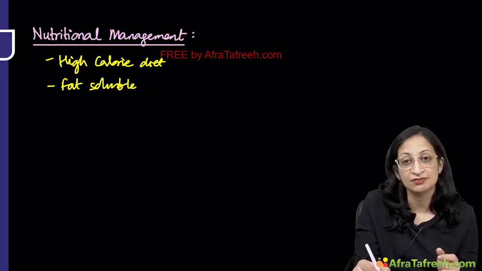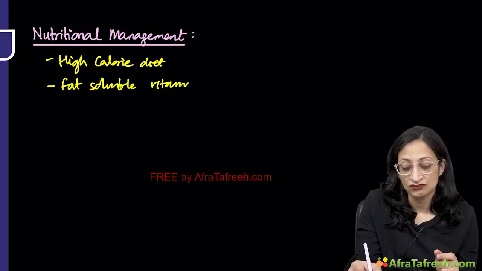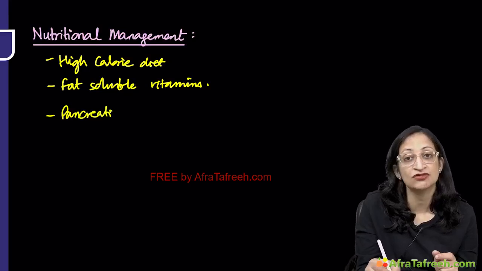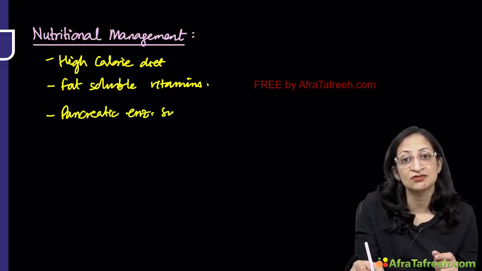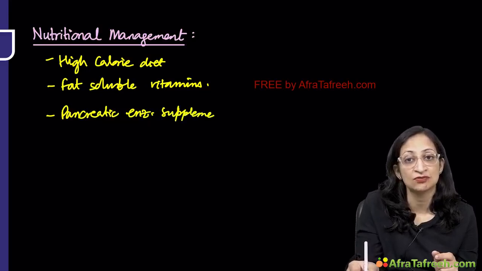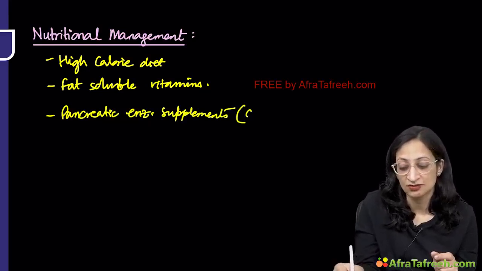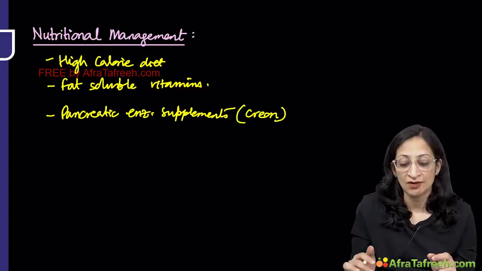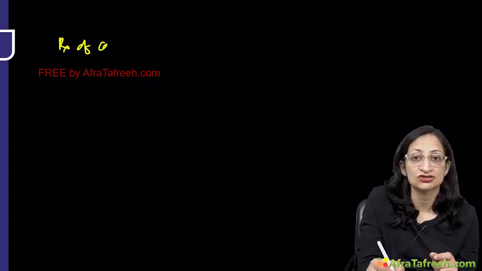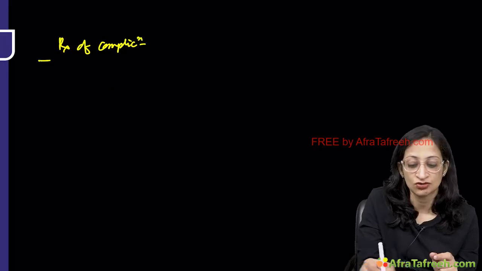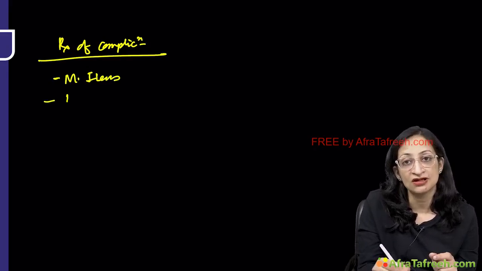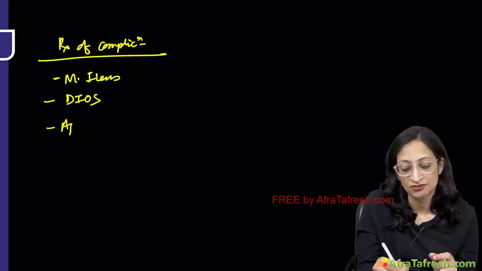You have to give pancreatic enzyme supplements, usually available as Creon, with each meal to digest it properly. And you treat complications like meconium ileus, distal intestinal obstruction syndrome, appendicitis, or rectal prolapse accordingly.